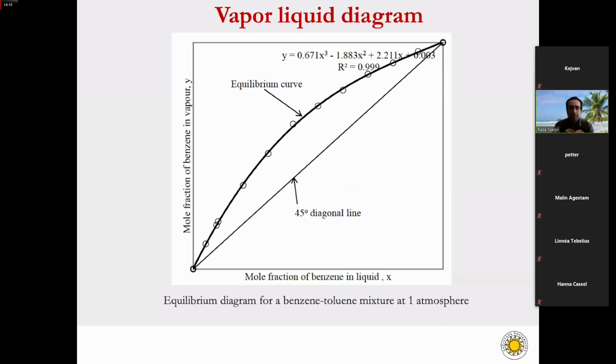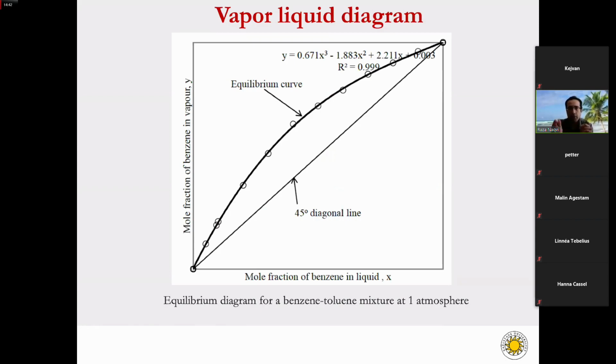This picture is an equilibrium diagram for a benzene toluene mixture at 1 atmospheric pressure, right? So normally we know the data for the equilibrium from experiments. So we do experiments and we calculate at what conditions the mole fraction of benzene in liquid will have a certain value for the mole fraction of benzene in the vapor phase.